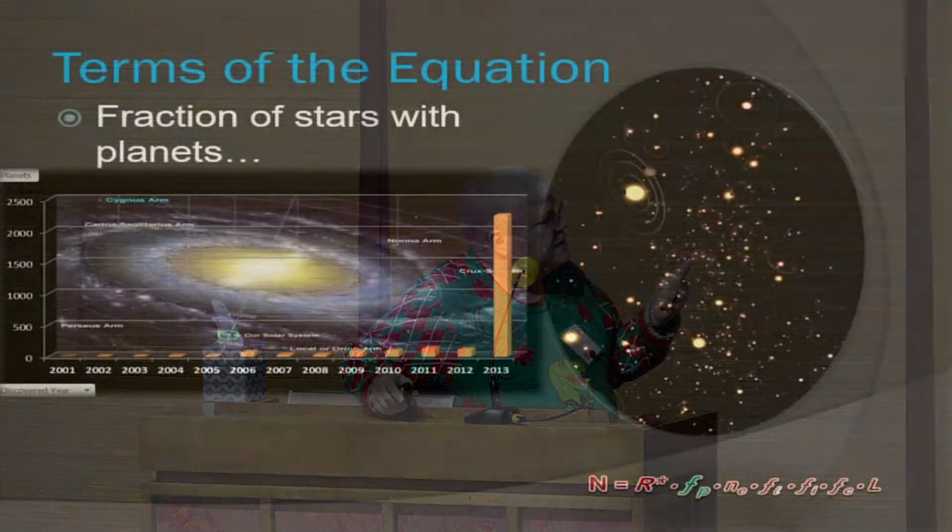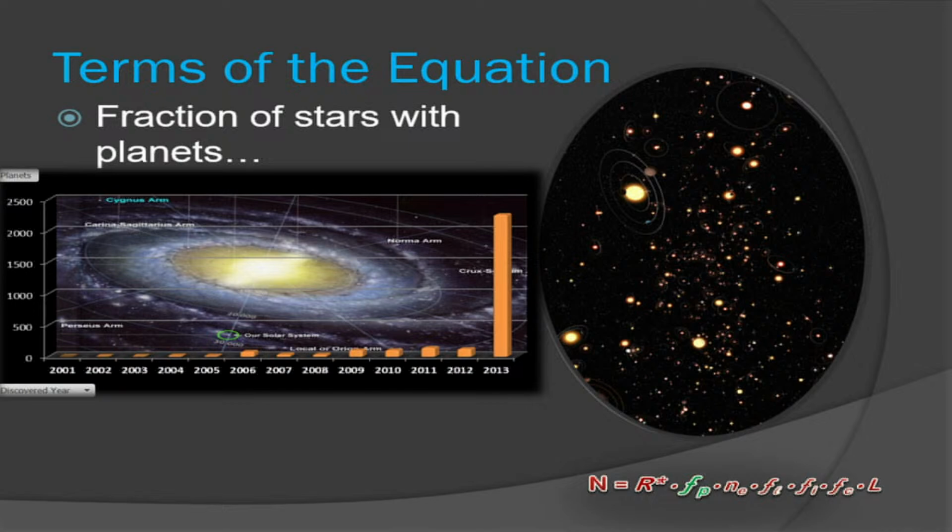And so this is a bold statement on the part of Frank. And it was an extrapolation from something called the Copernican principle, that there's nothing special about our place in the universe, there's nothing special about our star, etc. And so applying the Copernican principle to say there's nothing magical about the Earth, nothing magical about our star, etc., he said, well, then it seems plausible to me that every star will have planets.